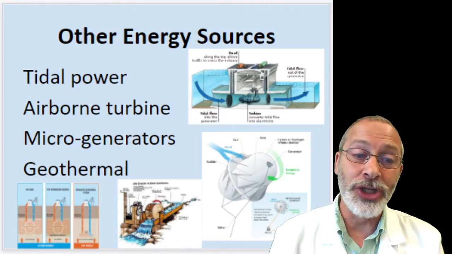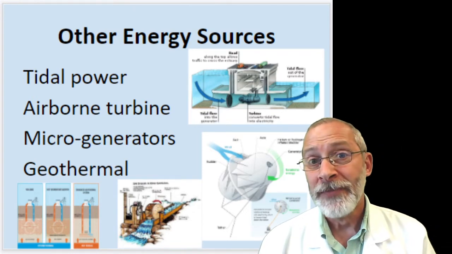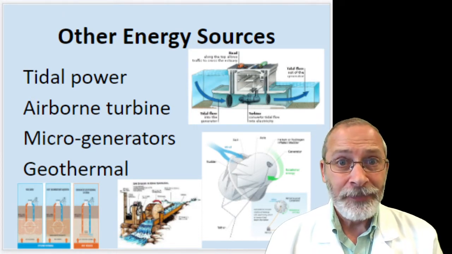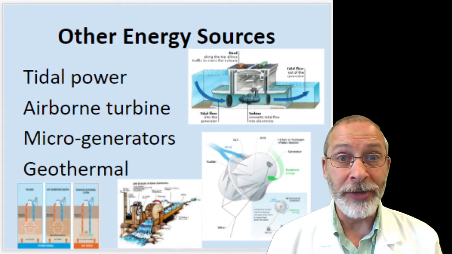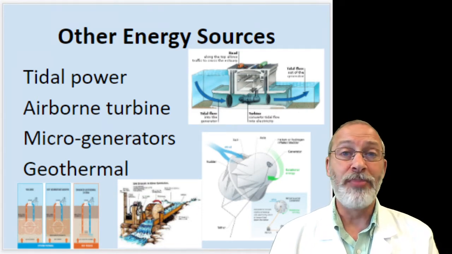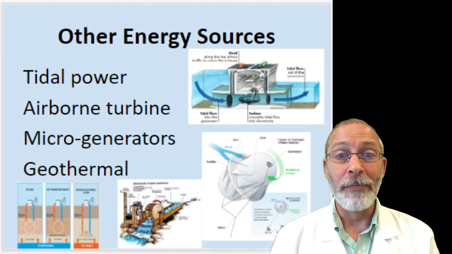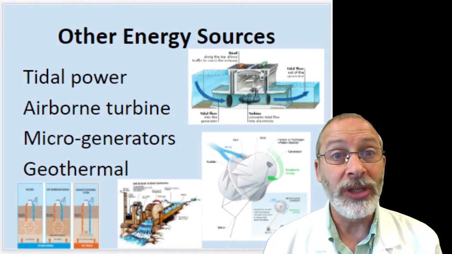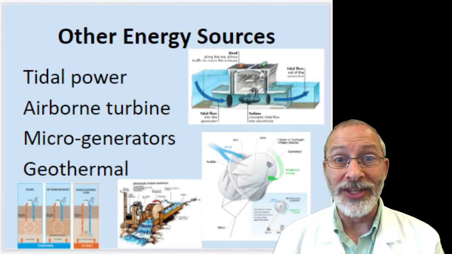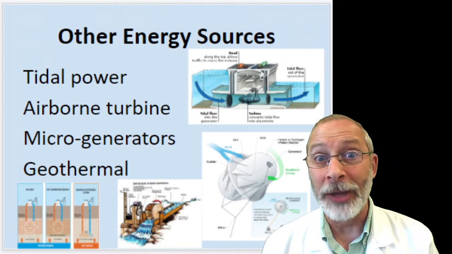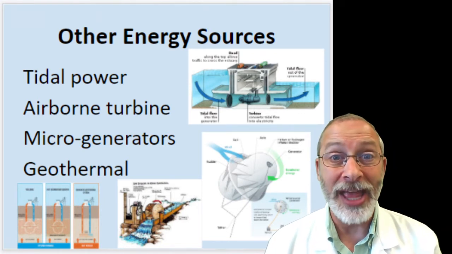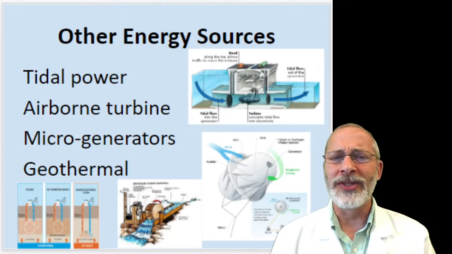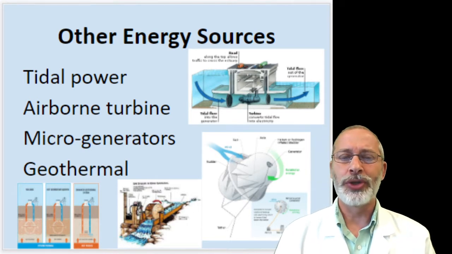Now, as you can imagine, these have not caught on in great popularity because if the jet stream winds were to die down, this big, heavy, bulky airborne turbine would fall out of the sky. And you would not want to live underneath one of these airborne turbines, if you know what I mean. Because you can imagine they'd have to be pretty heavy to generate electricity. So they're still working on some details about airborne turbines.